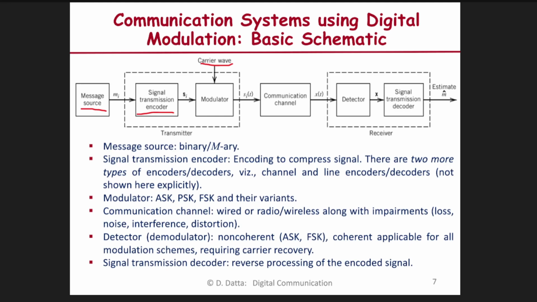As I said, the message source can be binary or MARY. In the signal transmission encoder, encoding is actually done to compress the signal. I'll give you an idea. Suppose you are sending a text, right? And the text has maybe 10 pages, or 100 pages.